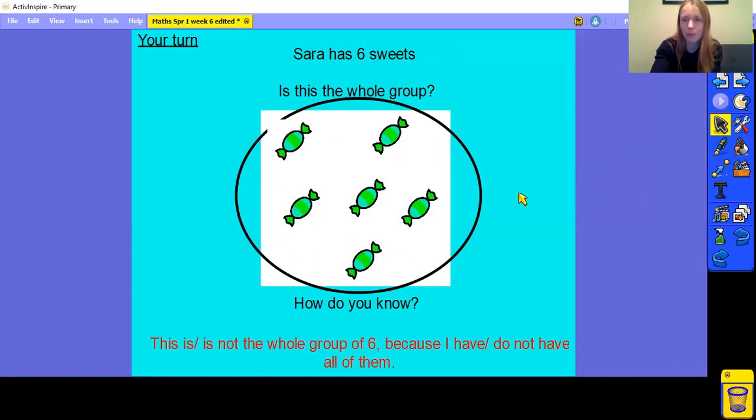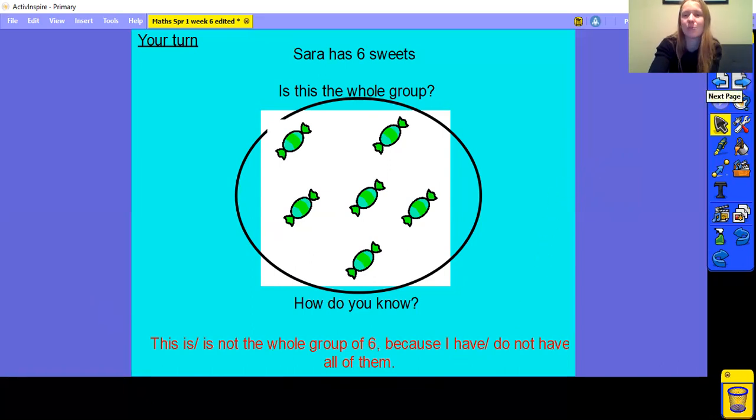Is it the whole group? Yes. But how do we know? Let's use the red sentence to help us. This is the whole group of 6 because I have all of them. I have all 6 of Sarah's sweets, so I have the whole group.